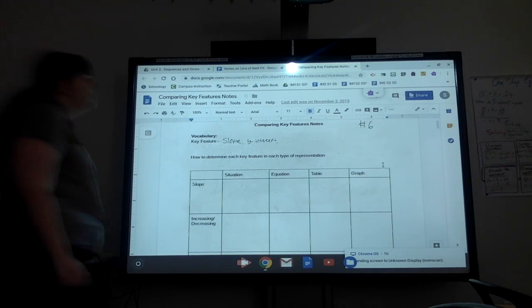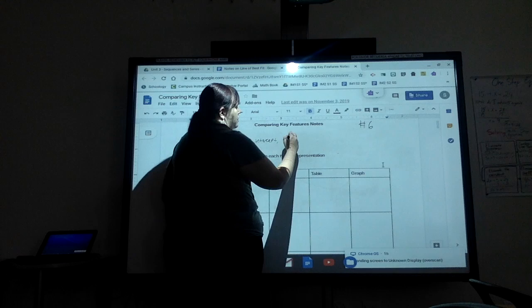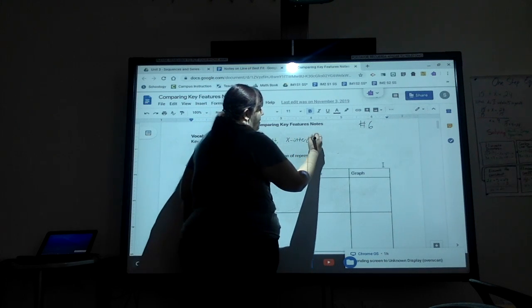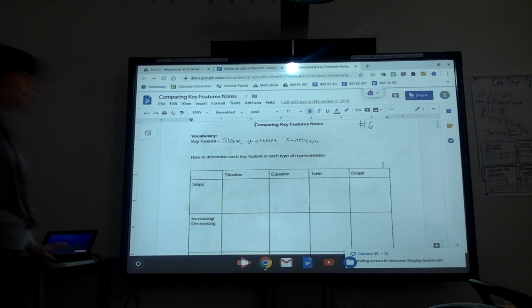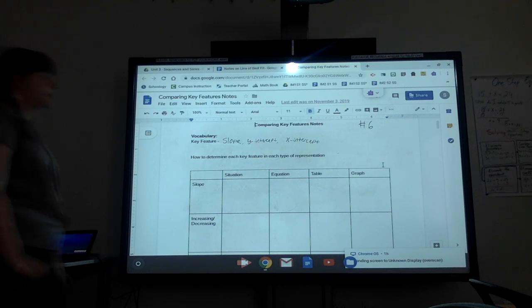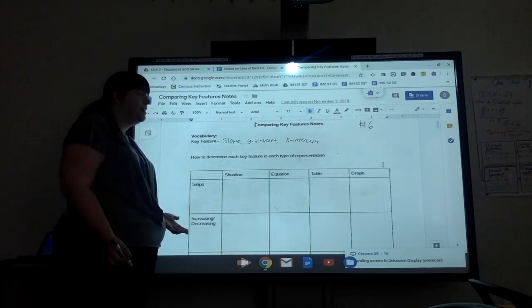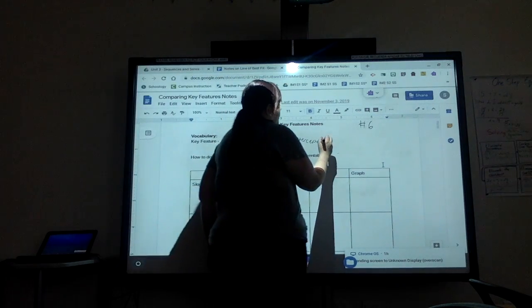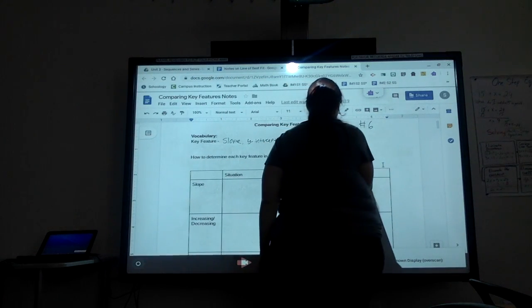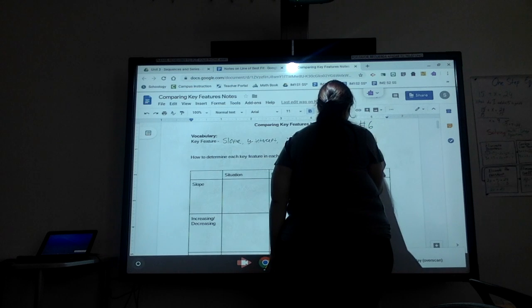It's also important to us the x-intercept, where it's crossing the x-axis. I'm going to explain why that's important in a minute. But also, it's important to us if the graph is increasing or decreasing. Like, are we getting stuff or losing stuff? So that also matters. Increasing / decreasing.